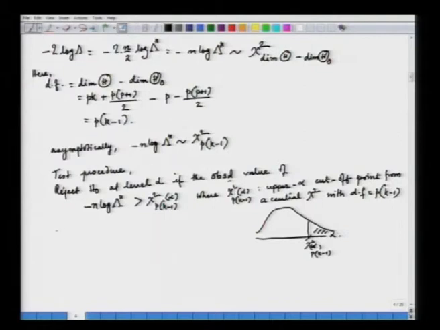As an alternative to this, people sometimes use Bartlett's test. Bartlett's test is just a change in the constant term before this log lambda star or log lambda. Instead of minus n, we have a slightly different expression: minus n minus 1 minus p plus k by 2.